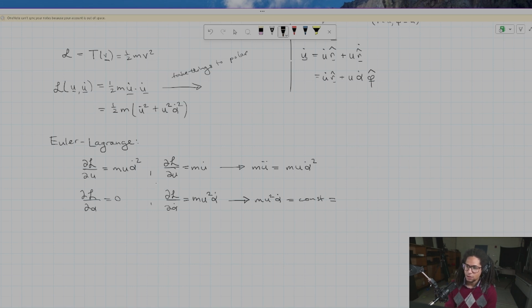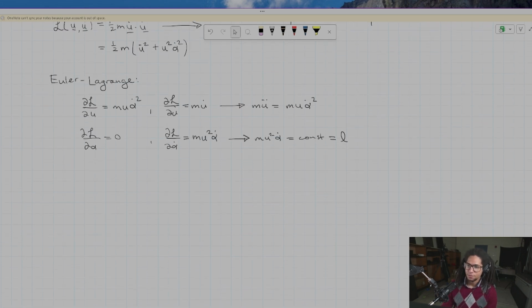Let's call it little l. And I'm going to use that to solve for alpha dot in terms of this stuff. Okay, so the implication is that alpha dot is equal to l over m u squared. We're actually seeing a little hint of what's coming a little bit later.